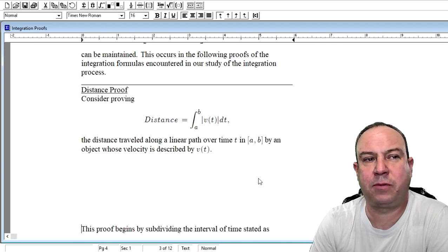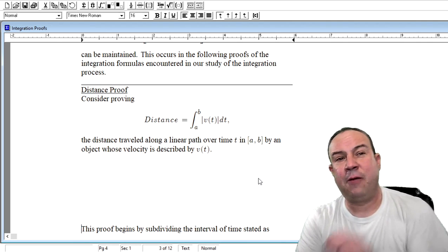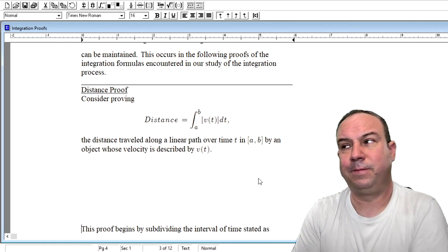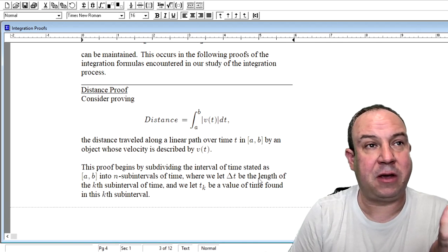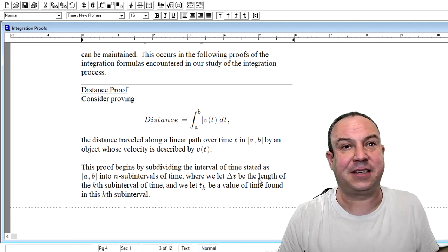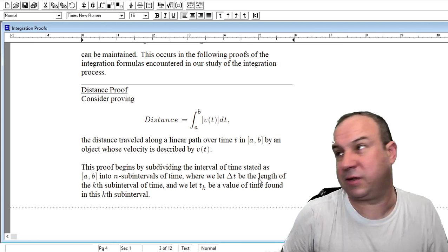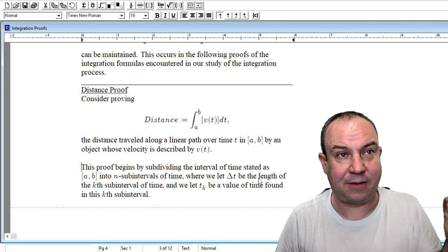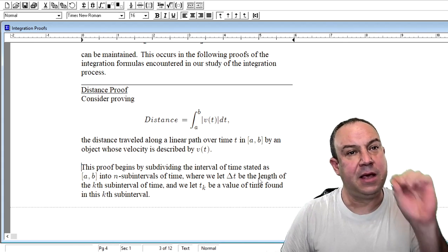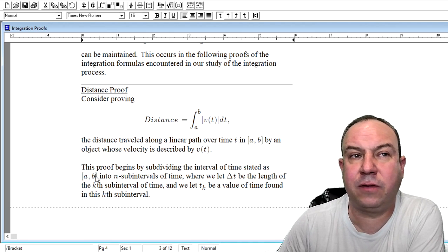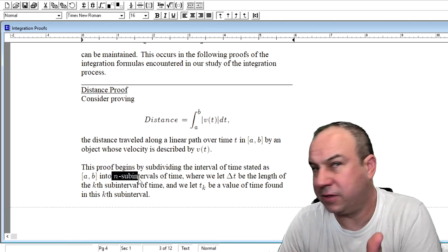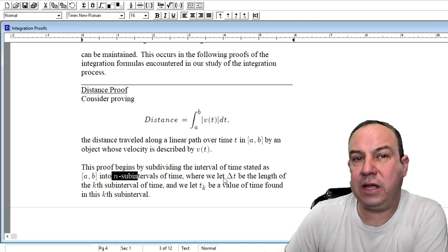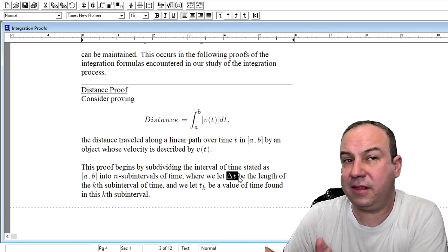For instance, it might represent 5 seconds of time, and we divide it up into 1 second intervals, right? We divide it into 5 equal portions, or maybe it represents 10 seconds of time, and we divide it into 20 portions, each 1/2 second in length. This proof begins by subdividing our interval of time into a set number of subintervals, n subintervals, where we now let delta t be the length of the kth subinterval.